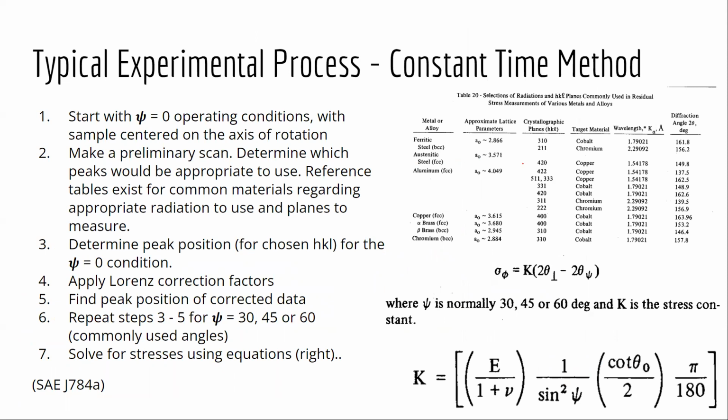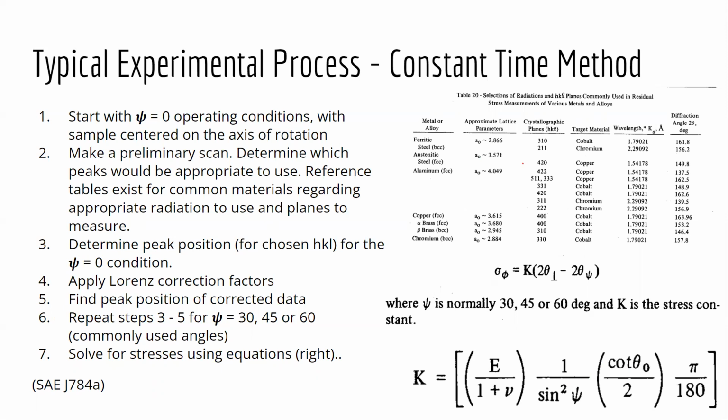Here's a typical example of the experimental process. This is the constant time method. So you'll test your sample with a starting psi of 0 and make a preliminary scan. And you'll determine your peak position for your chosen Miller indices for that 0 condition.